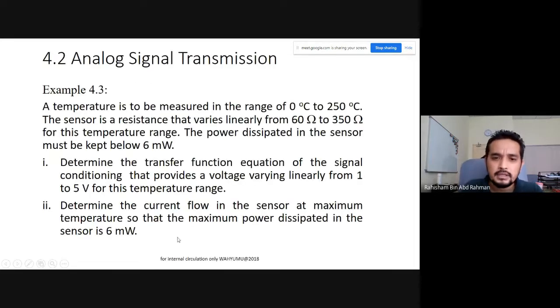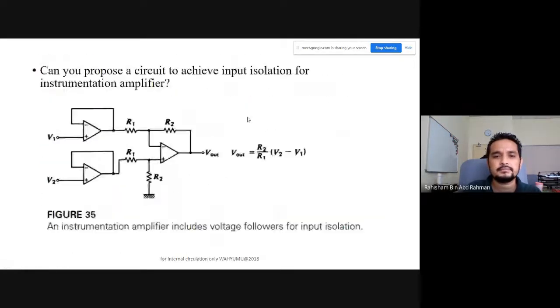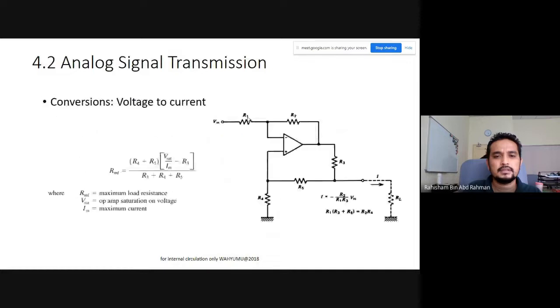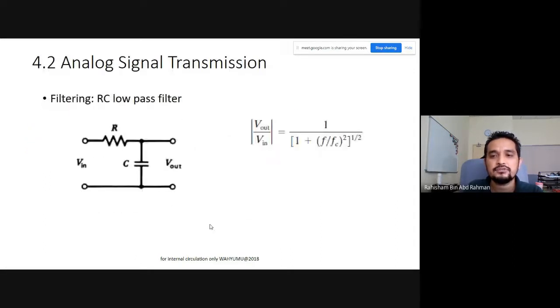Here, the first thing that we need to do, as I mentioned to you, it says varies linearly. So we need to go for linearization, which is V out equal to M times V in plus V naught, Y equal to mx plus C. So we need to use this formula.